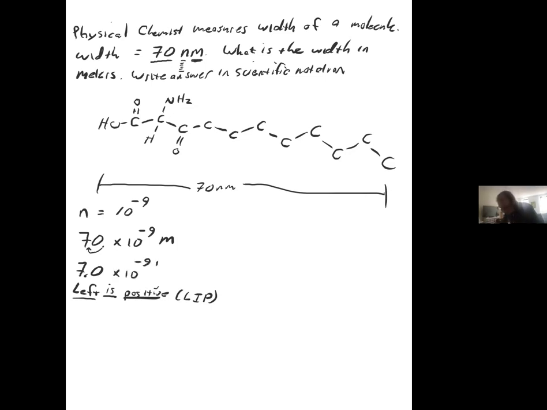So I'm going to add 1 to that exponent. Minus 9 plus 1 is minus 8. So you get 7.0 times 10 to the minus 8. And then don't forget the unit. That would be meters. So there's your number and your unit.